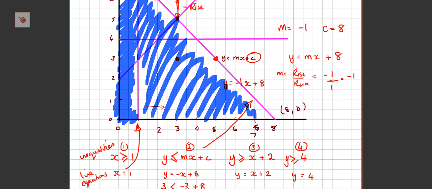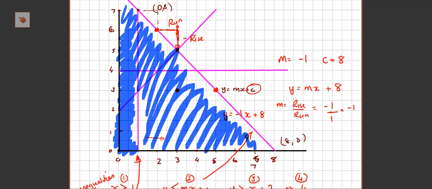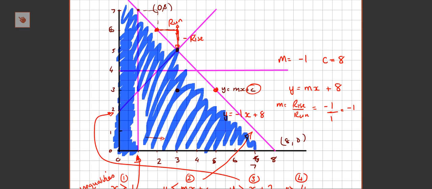Then the next line is the x plus 2 line. Which line do you think that is? I've half covered it up, but the x plus 2 line is this one. It crosses at 2. And I'm allowed where y is greater than x plus 2. Because there's no negatives in this one, it's nice and easy because it's going to be above the line.